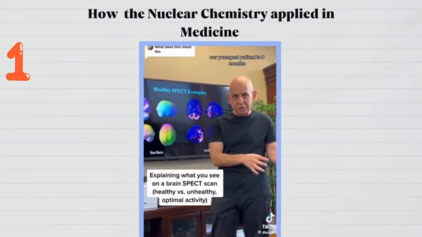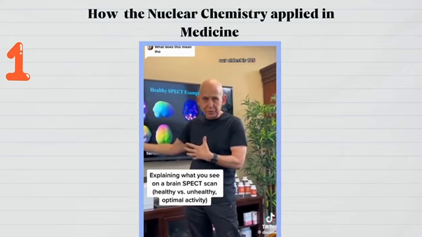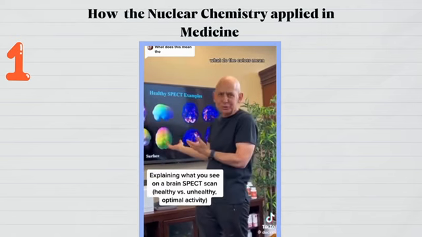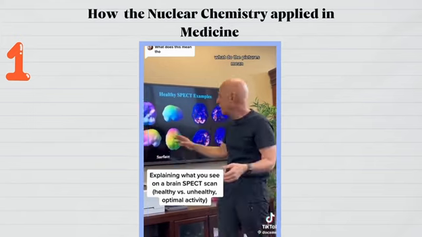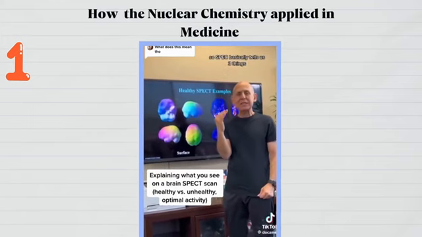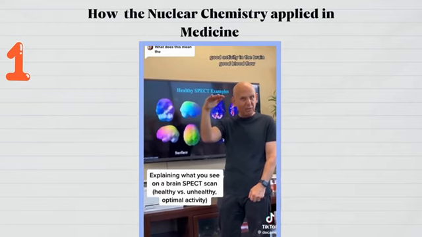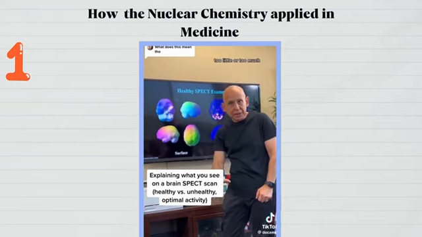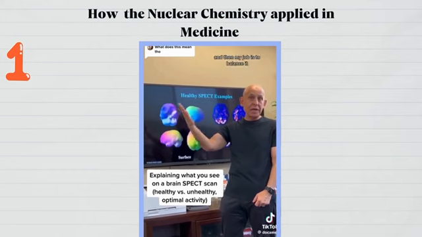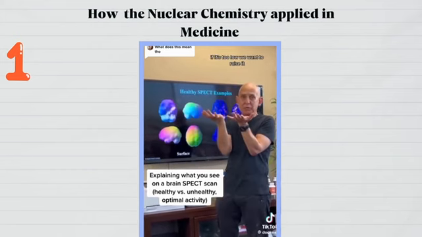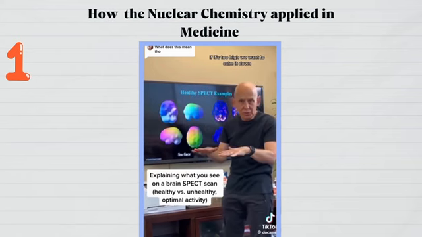Our youngest patient is 9 months, our oldest is 105. But a lot of people want to know, what do the colors mean? What do the pictures mean? So SPECT basically tells us three things. Good activity in the brain, good blood flow, too little or too much. And then my job is to balance it. If it's too low, we want to raise it. If it's too high, we want to calm it down.